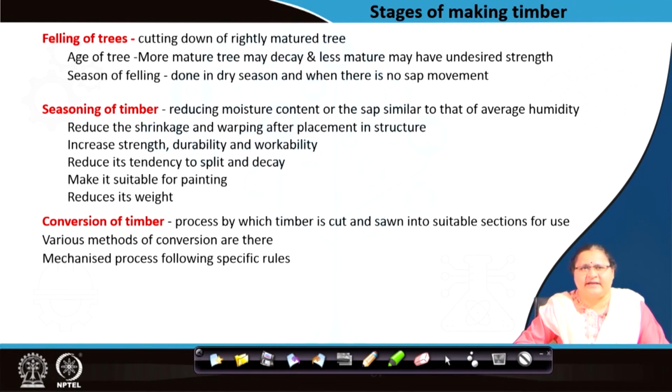After identifying, you have to take help of machines, because such huge logs cannot be worked by one or two persons by human labor. So, you use machines to split it into 2 halves or 4 halves or tangentially. There are various methods of conversion which we will try to cover in our next lesson.